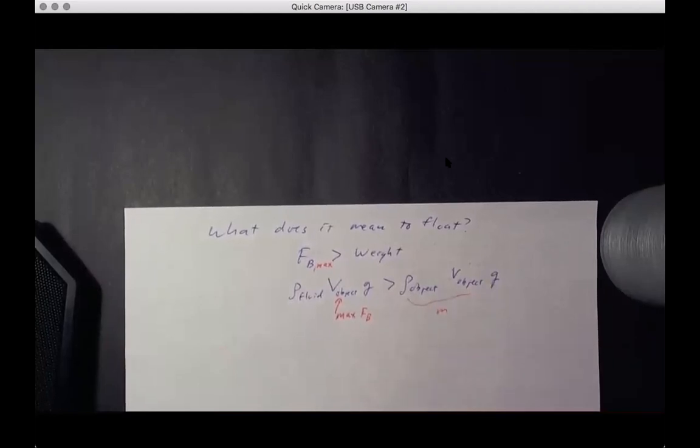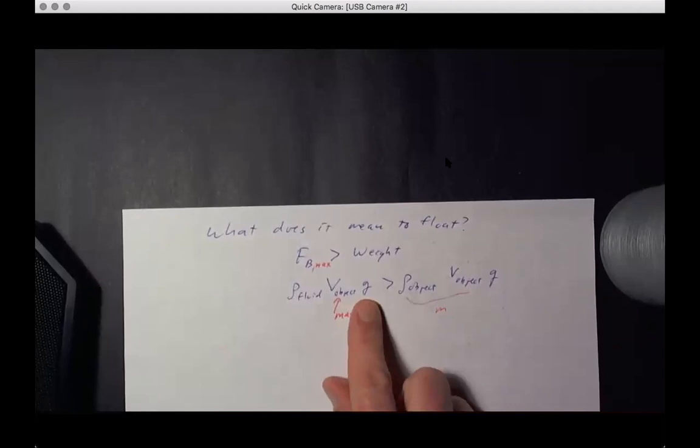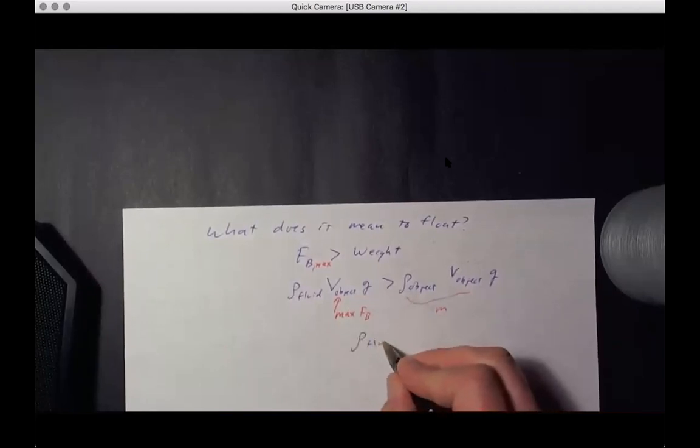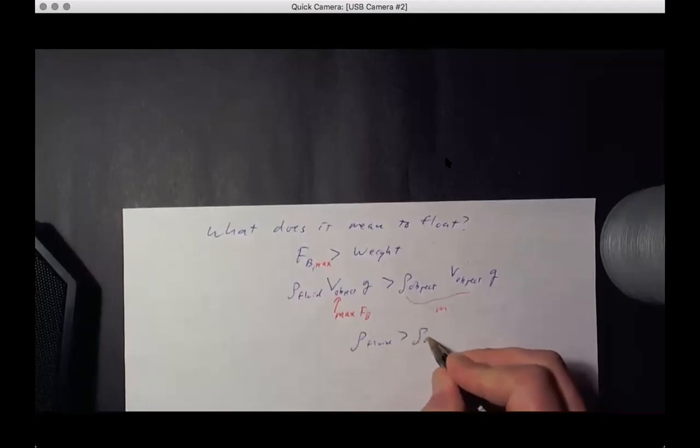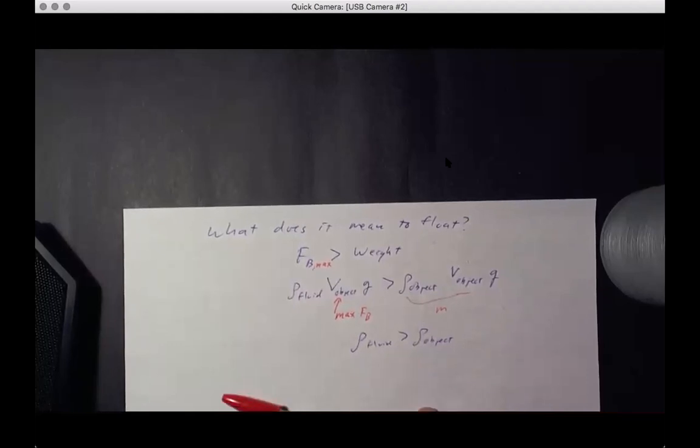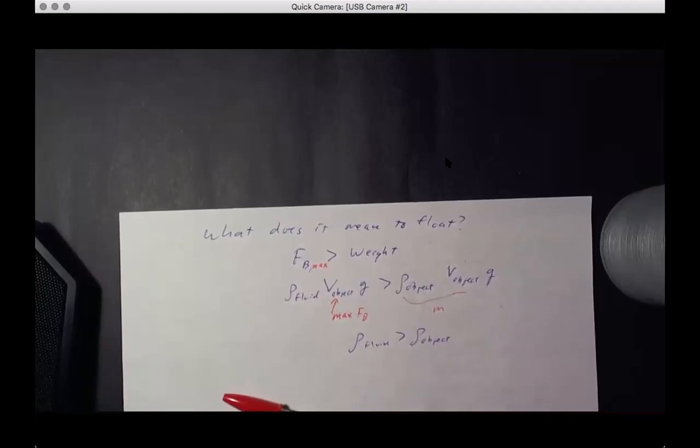So it turns out two of these things cancel, the object and G, and you find rho fluid greater than rho object. So if the density of the fluid is greater than the density of the object, it will float. So you can get a relative measure of the density to figure out if something is going to float or not. That's what we saw before in words, and that's what we see now.